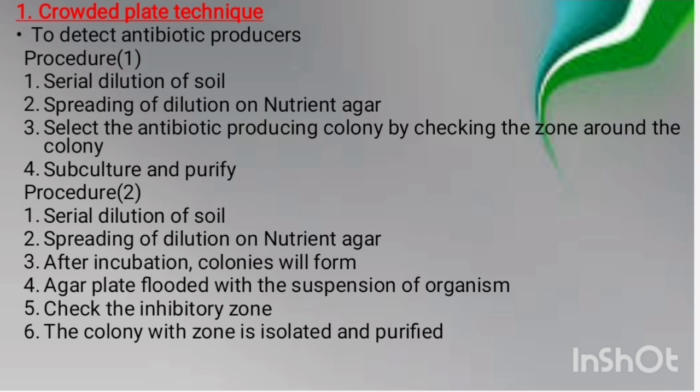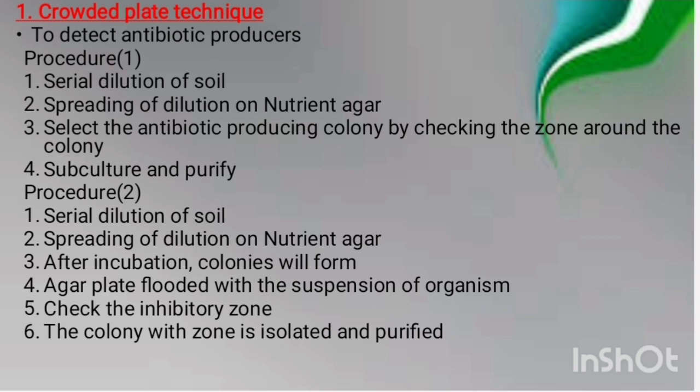First screening technique, crowded plate technique. It is the simplest screening technique and it is used to isolate and detect antibiotic producers from soil or other natural source. The procedure involves a series of steps.